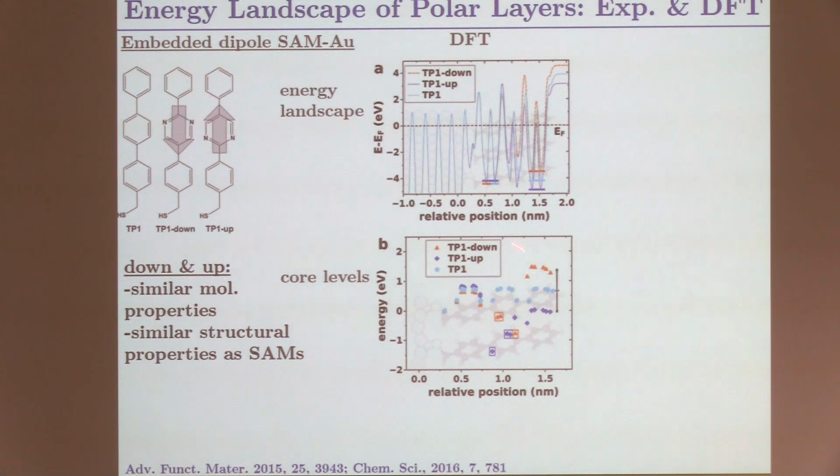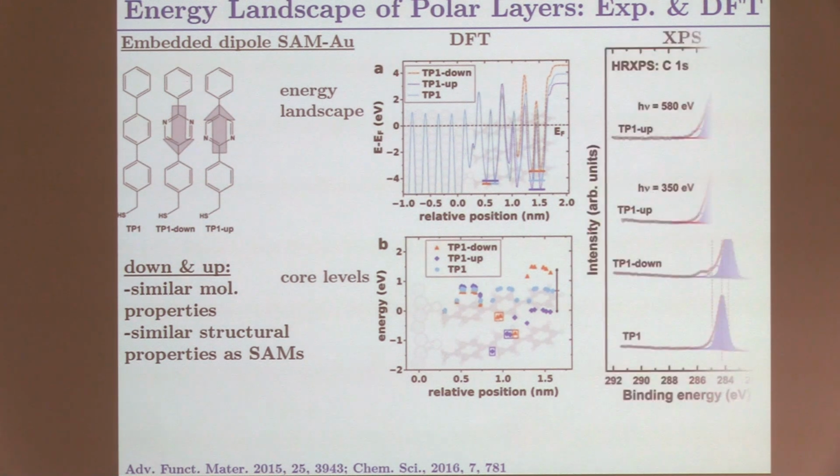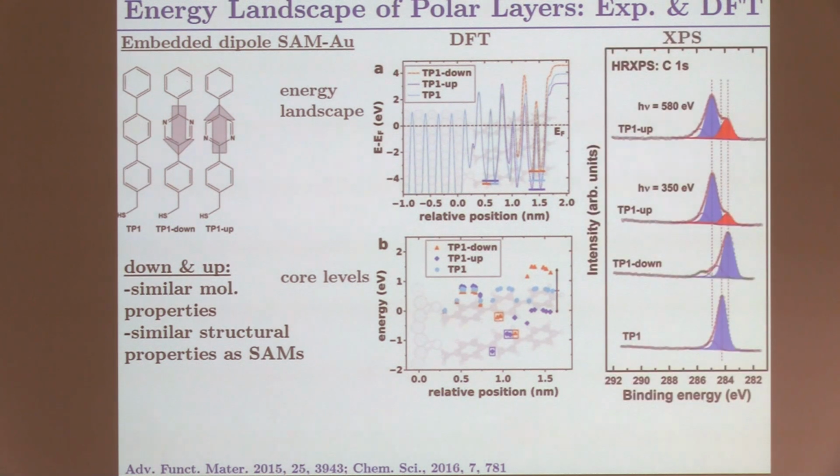We can calculate using DFT the core levels that you can measure in XPS, and also find that the core levels of the carbon atoms in the lower part of the molecule are very similar, and then in the upper part they have shifted, comparing the 3 cases of having no dipole or dipole pointing up or down. And Michael and his group have actually measured that in an X-ray experiment, and they find the core levels of the carbon atoms actually showing these shifts.